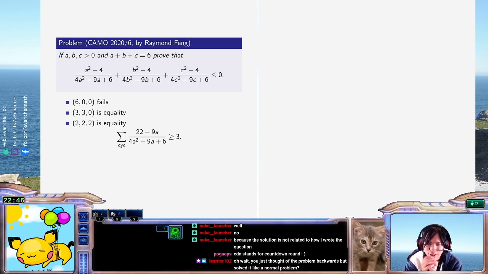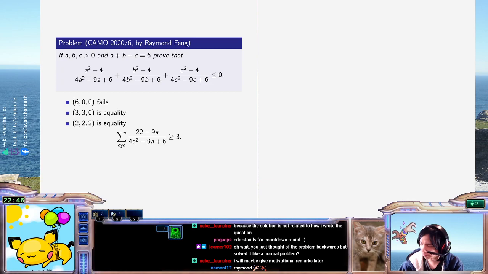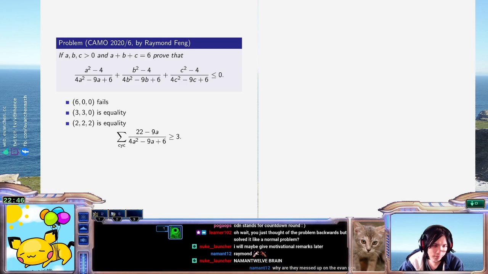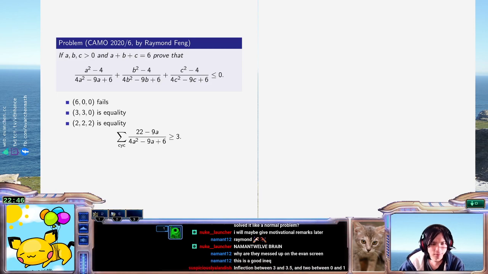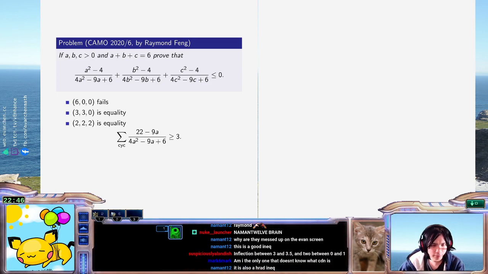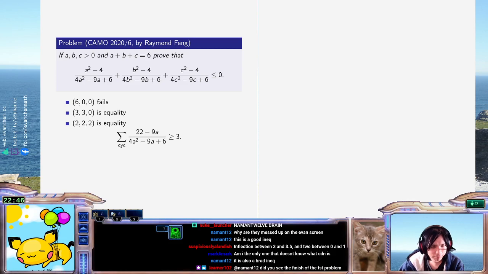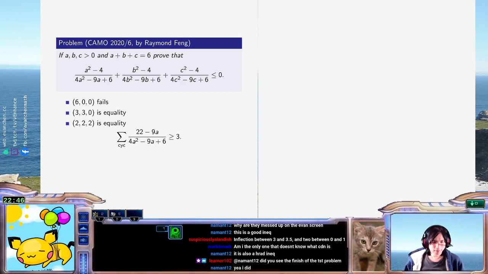Alternatively, I could just expand. Alright. Does n minus 1 EV apply? Like, does this function have exactly one inflection point? Oh jeez, I don't want to compute this. Inflection between 0 and 1. Oh crap. Okay, well. That goes out the window.